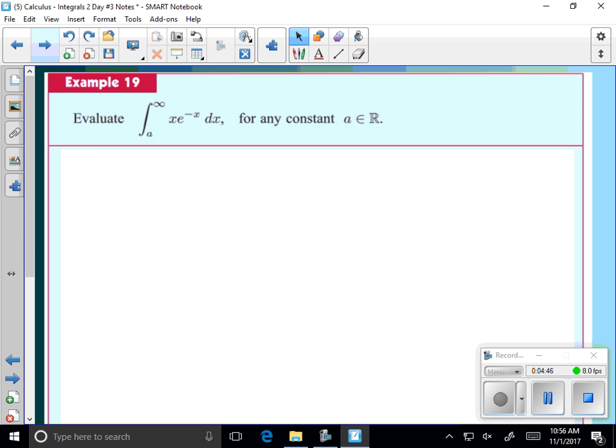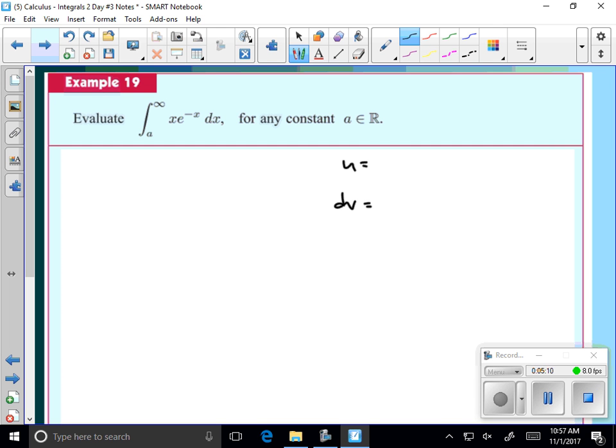I want to look at this one because it will have some L'Hopital's rule involved. So let's first of all integrate that, right? And I see an integration by parts problem. I'm sure you do too. So let's go u dv.